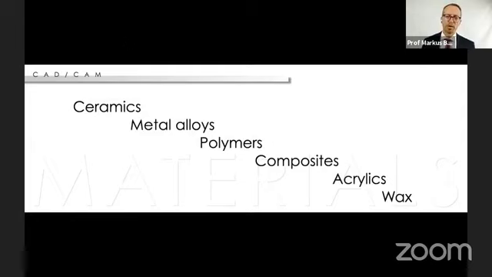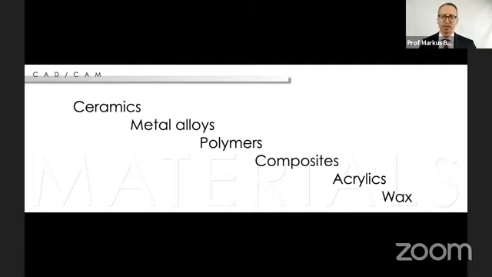With CAD-CAM, we have a whole range of materials available, as we had before, and even more so: ceramics, metal alloys, polymers, composites, acrylics, and waxes that we can mill or fabricate in other ways.